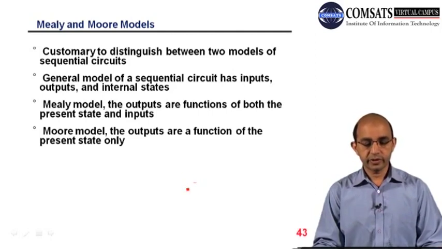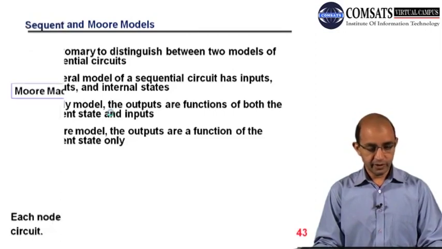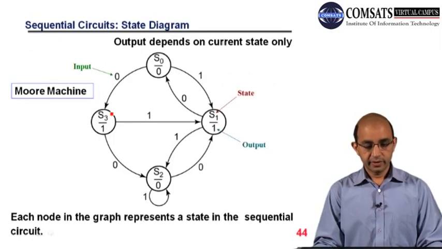So it is very logical that we can differentiate between the representations. And normally we have two types of models, or state machines, and these are Moore and Mealy. So we have the state diagram.